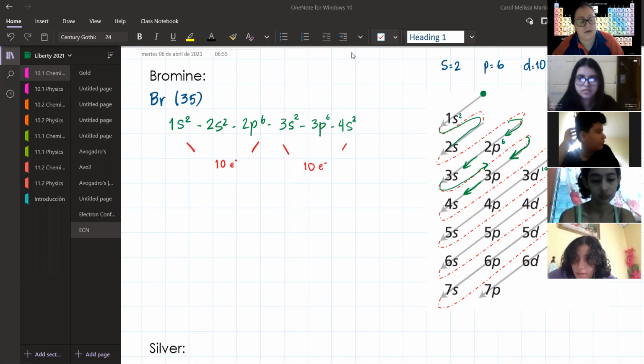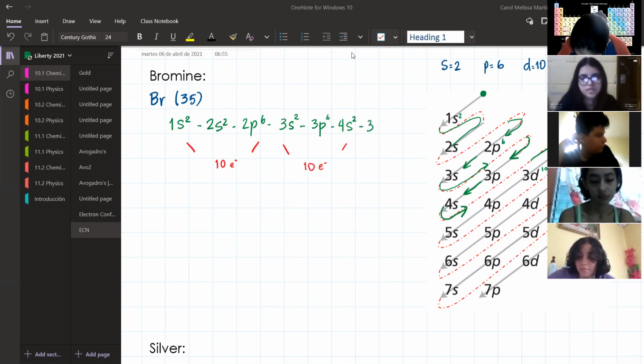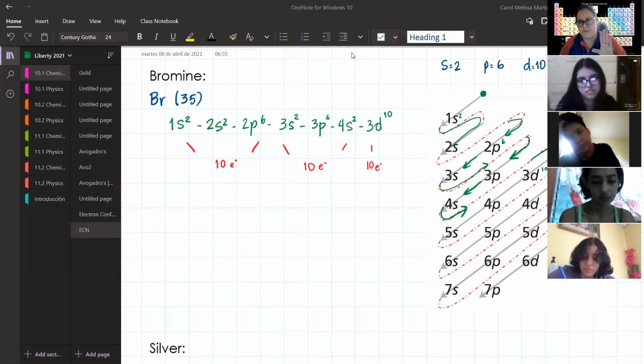I need 15 more electrons. So I follow the arrow, and take a look. Now I move to 3d, 10. Here I have 10 more electrons, which means that I need 5 more electrons.